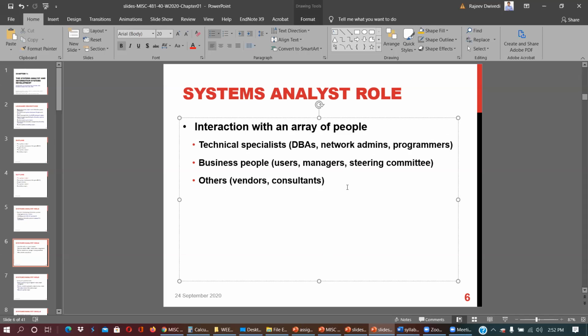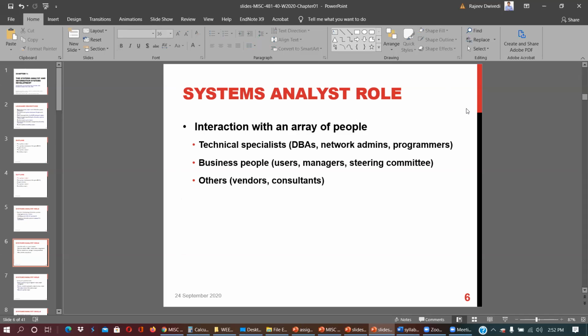So this is a very challenging role. They not only develop the system and know the technical aspects, they also know the other business aspects and interact with stakeholders.